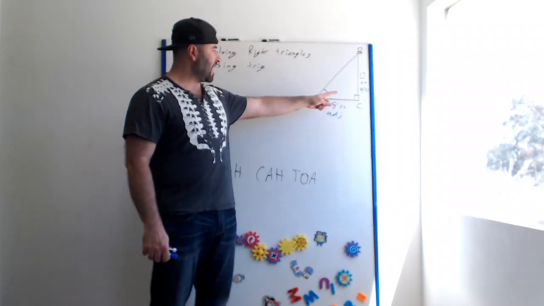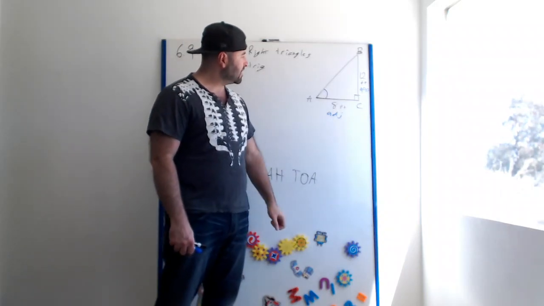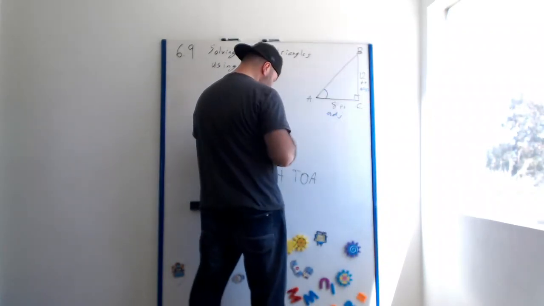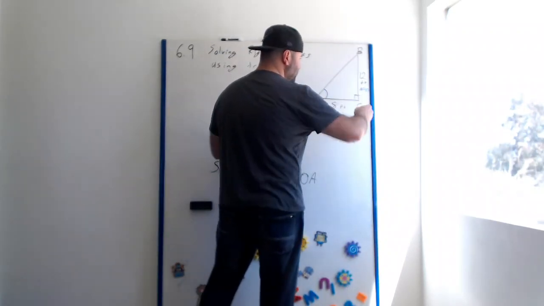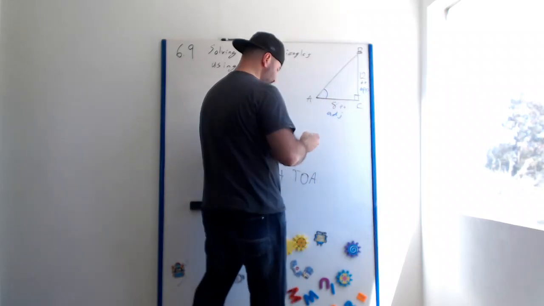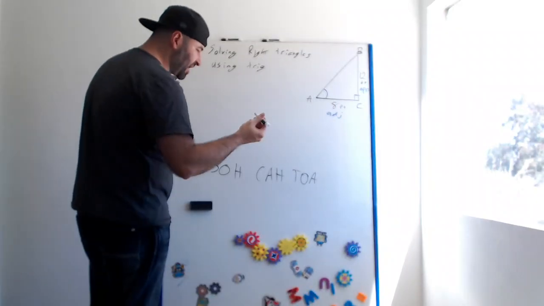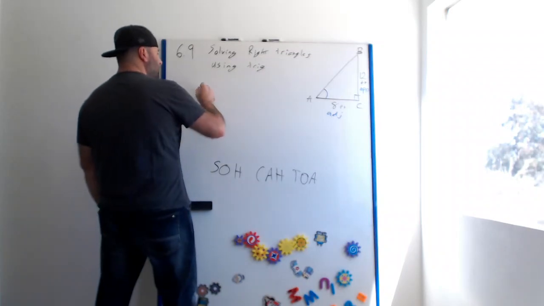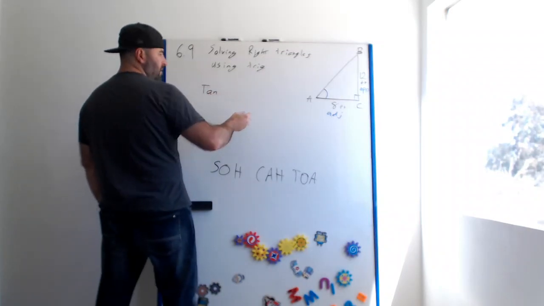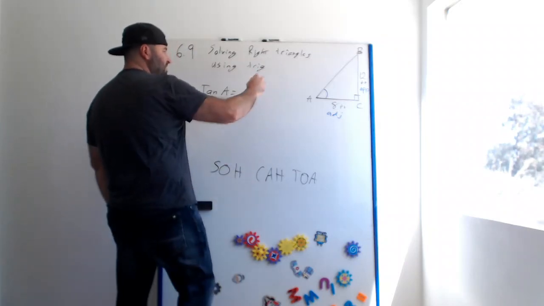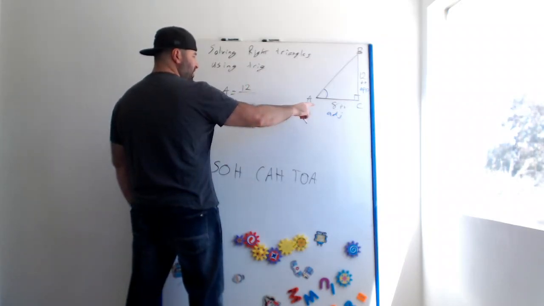And since it's the opposite side and the adjacent side, it's going to be the tangent function. So we're going to set this up as the tangent of A is equal to the side opposite over adjacent.